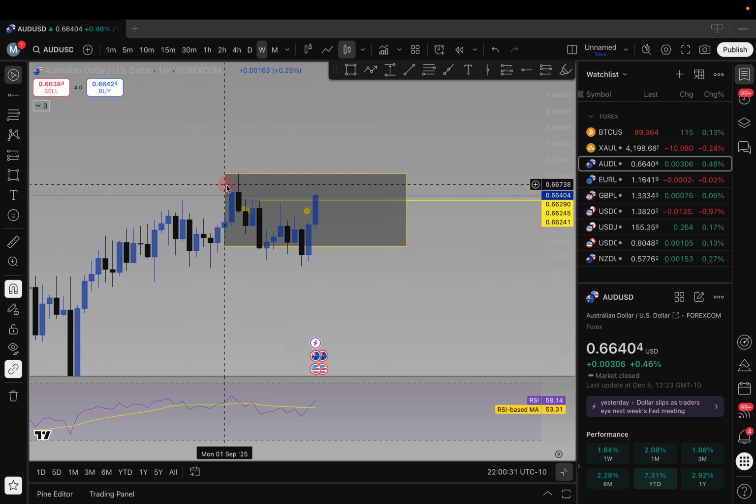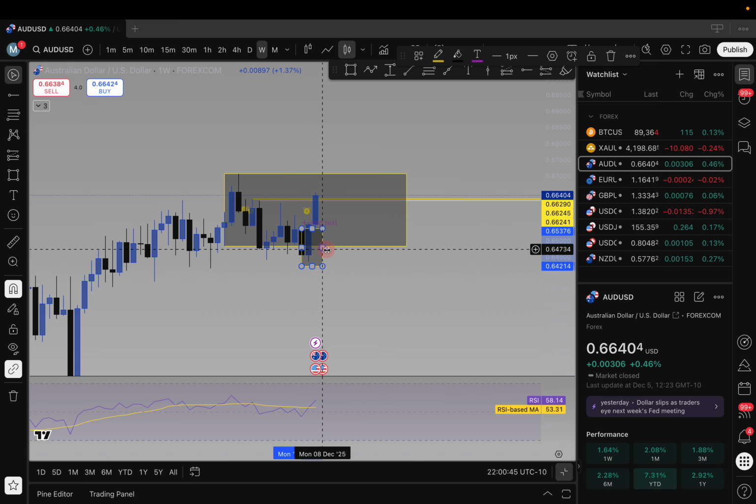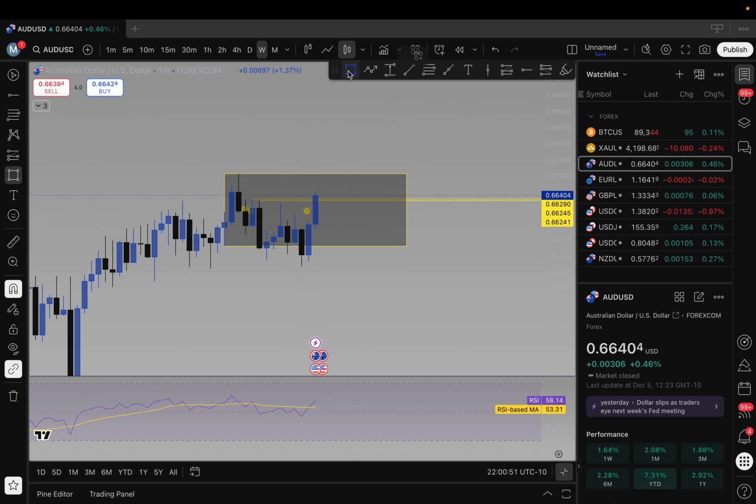Okay. On the weekly, this is a bearish and then bearish. This is our new theory candle because it broke down here, and then next theory candle was over here, right?